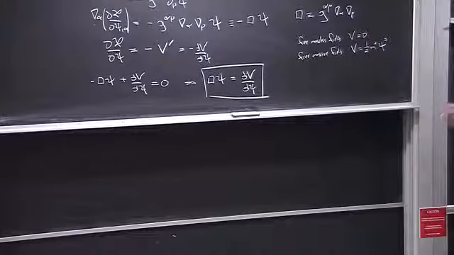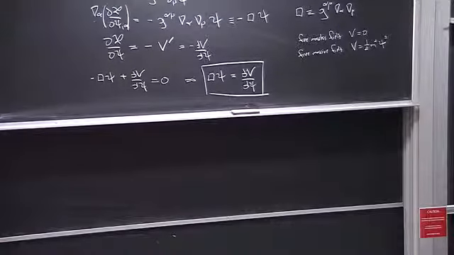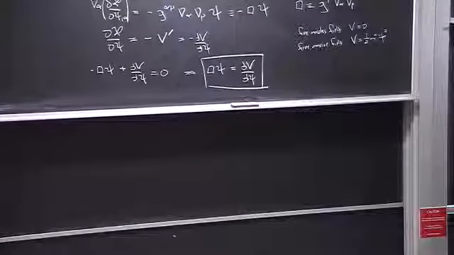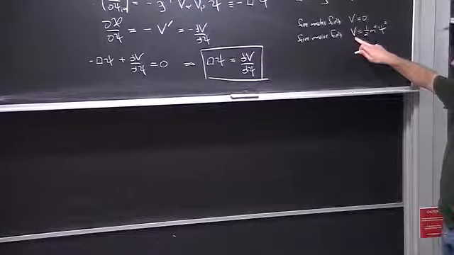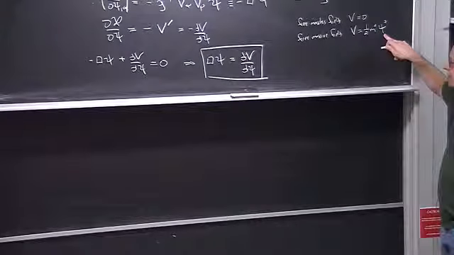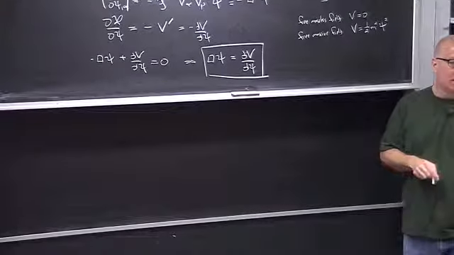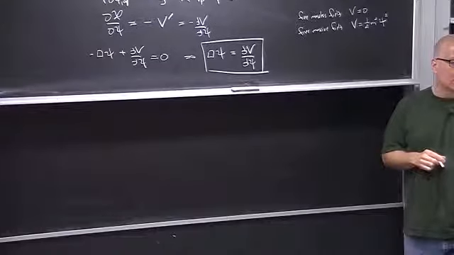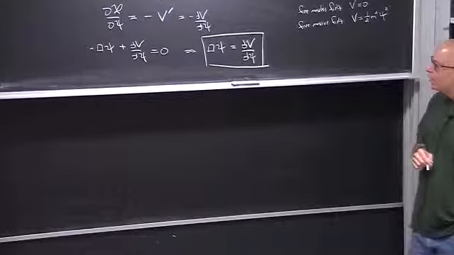And that would give rise to the usual Klein-Gordon equation in curved spacetime. So after differentiating, you would get rid of the 1/2. You would get an m squared psi on the right-hand side.